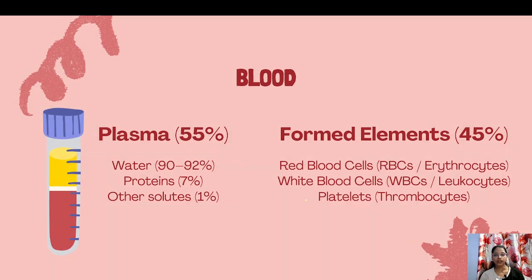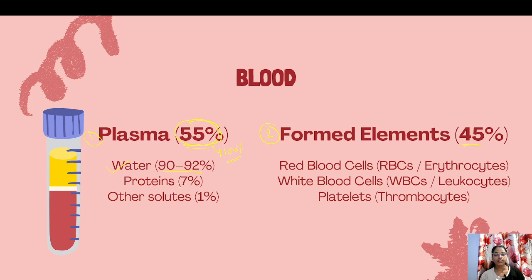Okay, so blood is divided into two sections. First is the plasma, and second is the formed element. About 55% of the blood is plasma, and 45% is formed elements. Correct. Now if we consider this 55% of plasma as 100%, then about 90 to 92% of it is water, that means the liquid portion of the blood.